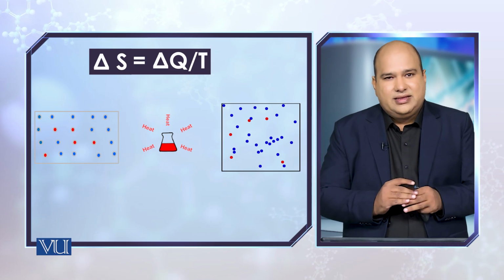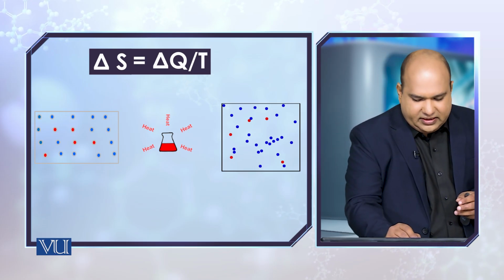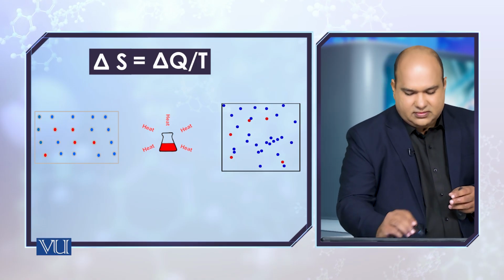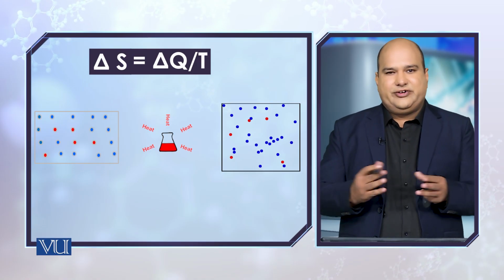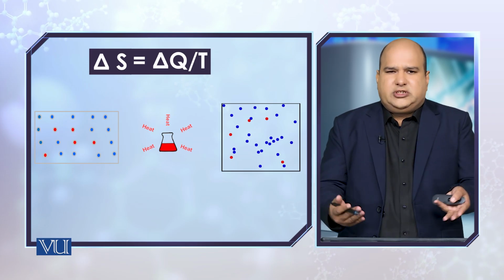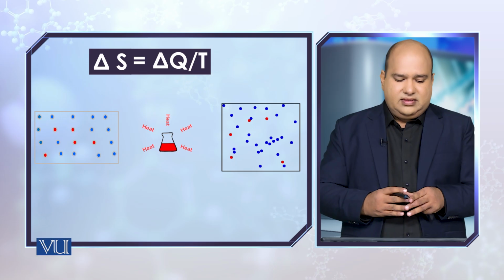This is entropy. So, the energy being given to the environment leads to this increase in entropy, because now the molecules have many more possible states which they can acquire.